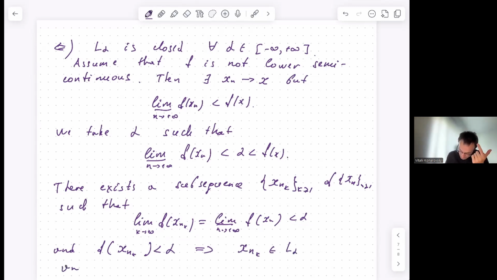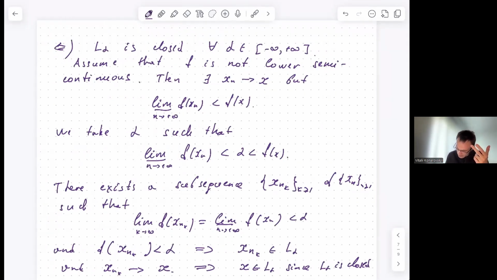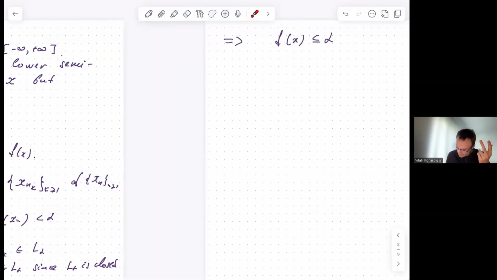And also, since xn converges to x, then x_{n_k} also converges to x. So then this must imply that x belongs to L alpha since L alpha is closed. And now we get the contradiction because, since x belongs to the level set, it implies that f of x is less or equal than alpha. But you see that here we have that f of x is larger than alpha.